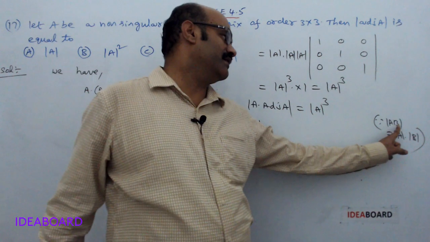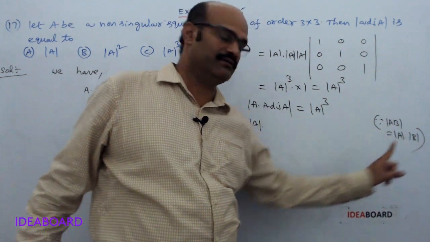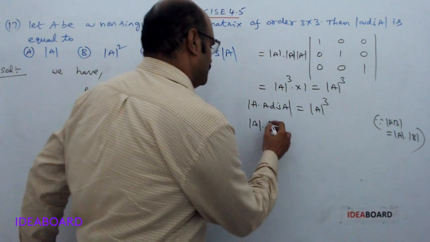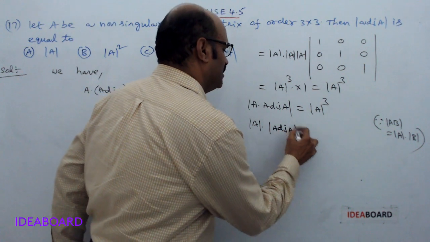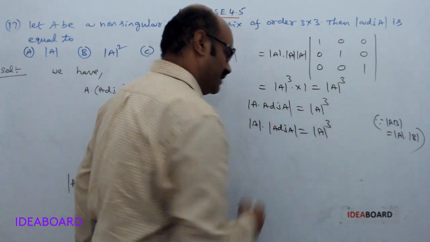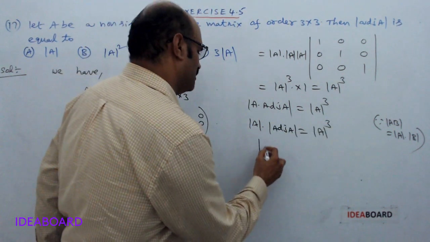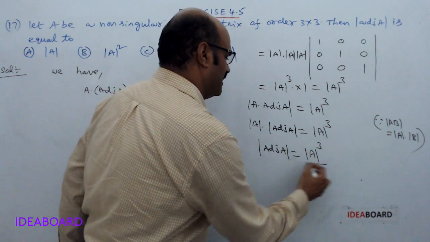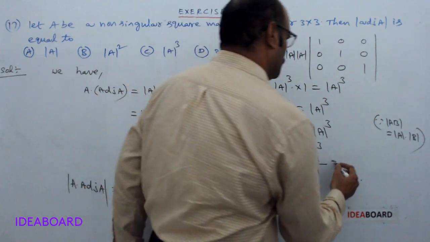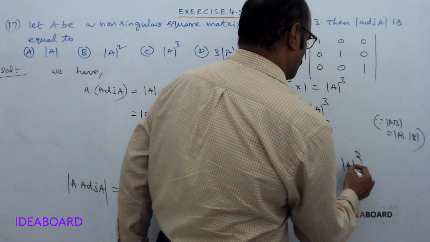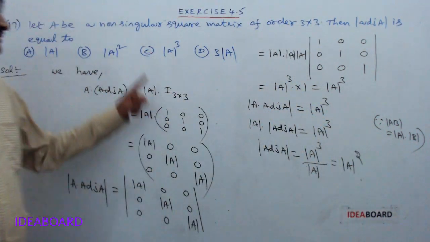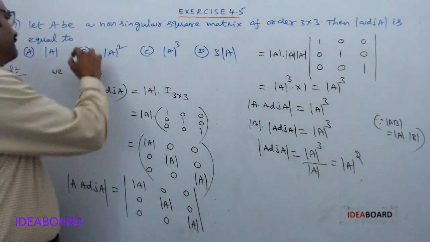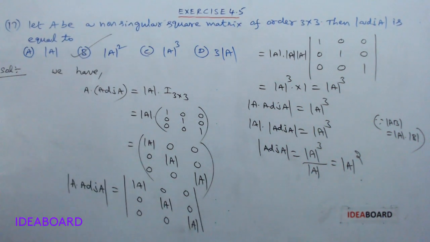According to this formula, det A into determinant of adjoint of A equal to det A whole power 3. So determinant of adjoint of A equal to det A power 3 by det A, equal to det A power 2. Therefore, the answer is B. Option B is the correct answer.